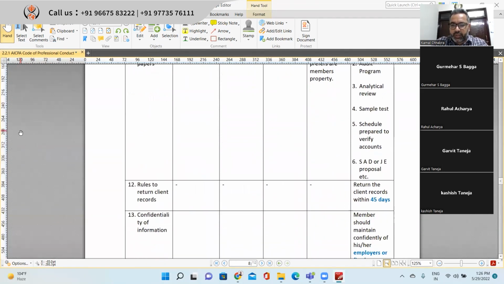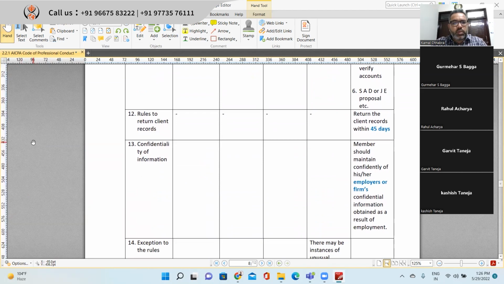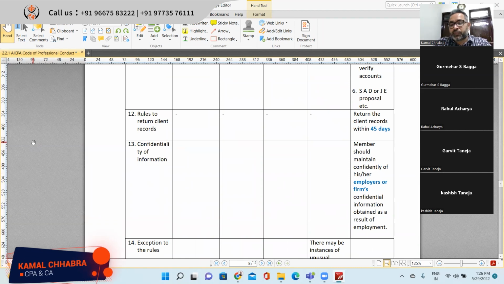Cool. Okay. Now, rules to return the client record, 45 days, which we have discussed. Confidentiality of information. A member should maintain the confidentiality of his or her employer or firm. So you are required to maintain confidentiality not only of the client information but also of your CPA firm.